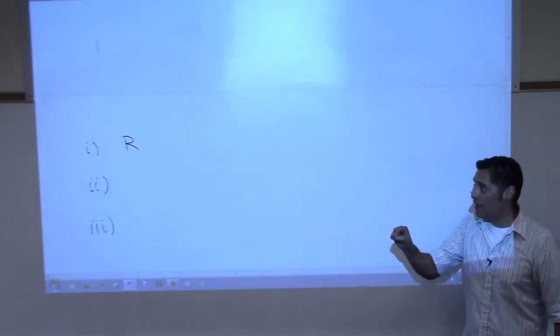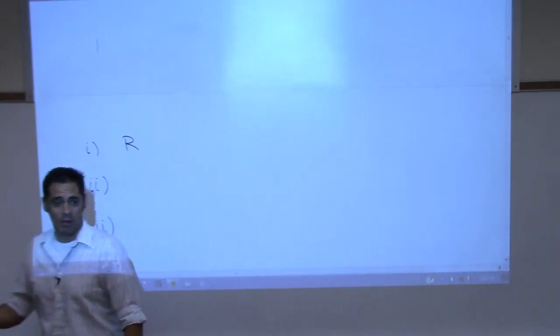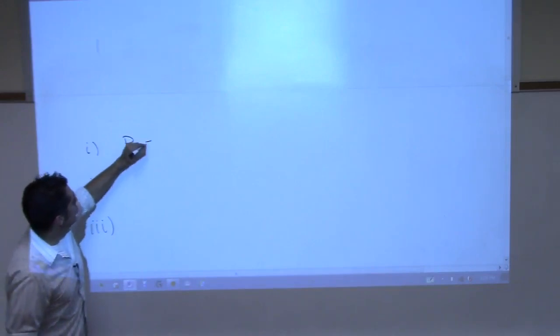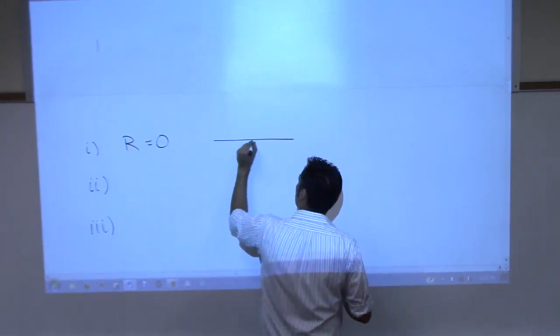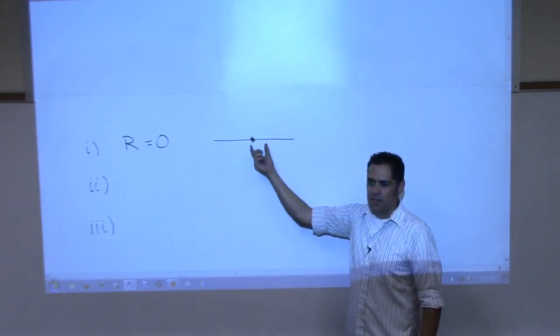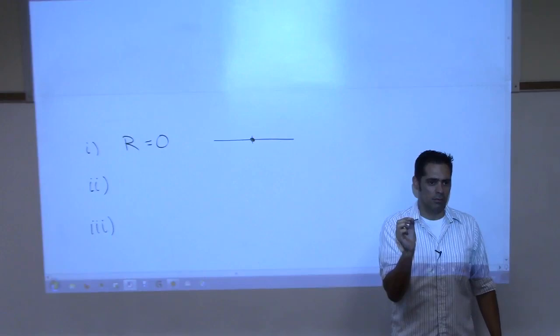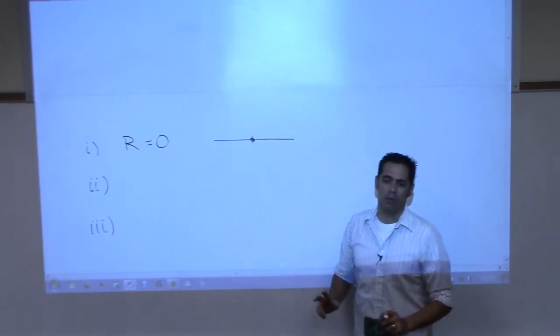If I told you you have to give me a radius of convergence for that situation, what would you give me? 0. Okay? So you could look at this as a radius of convergence of 0. Because, again, your answer is a single point, right? If I ask you how wide is that, you would tell me 0 wide, wouldn't you? So in the case 1, your radius of convergence is said to be 0.